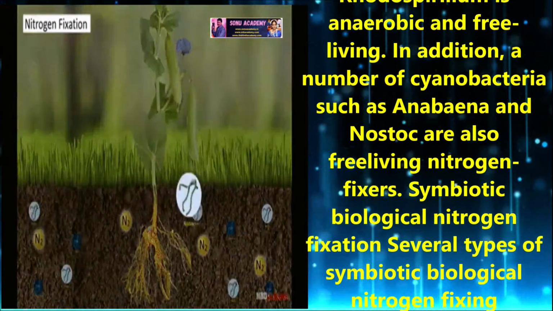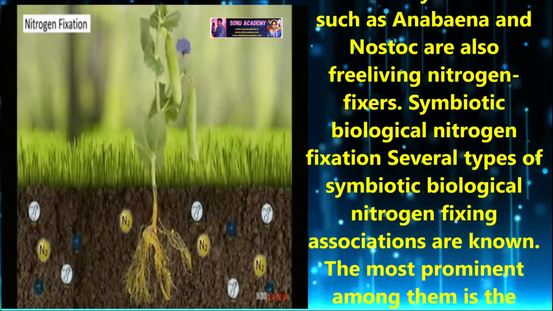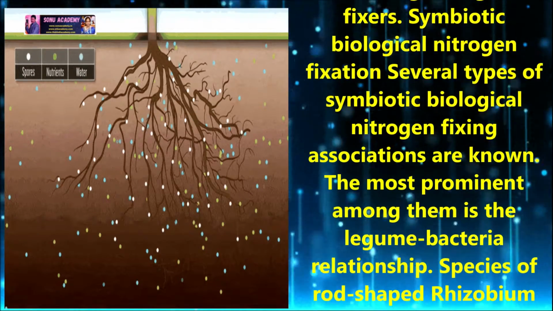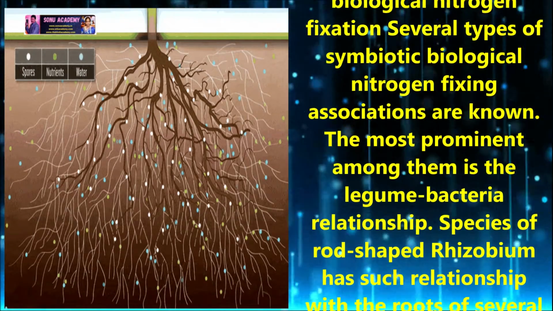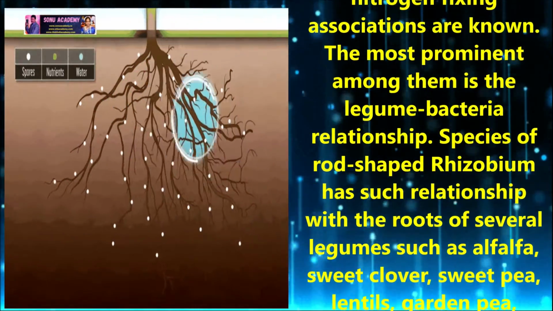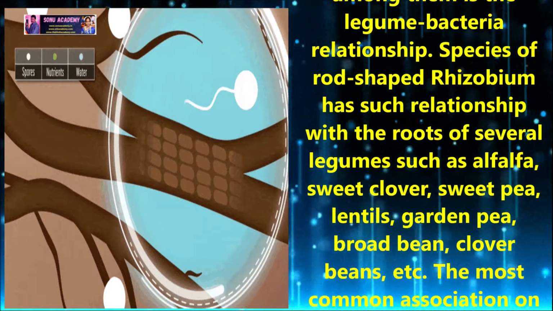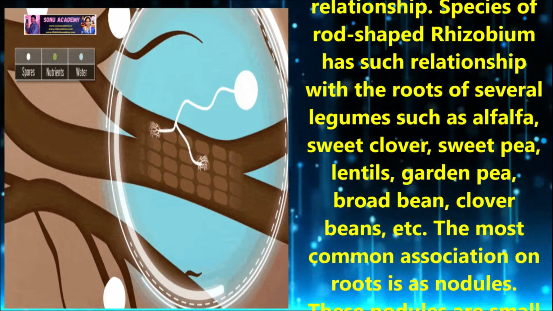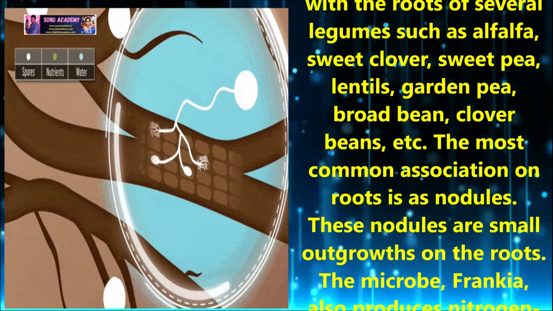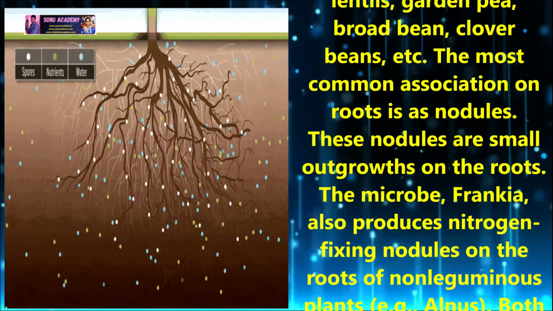Symbiotic biological nitrogen fixation. Several types of symbiotic biological nitrogen fixing associations are known. The most prominent among them is the legume bacterial relationship. Species of the rod-like Rhizobium have such a relationship with the roots of several legumes such as alfalfa, sweet clover, sweet pea, lentils, garden pea, broad bean, clover beans, etc. The most common association on roots is as nodules.